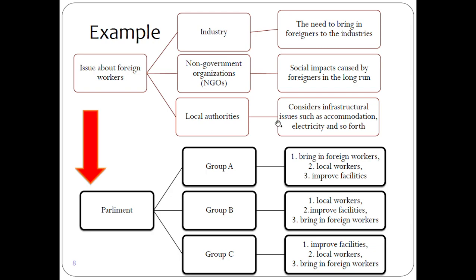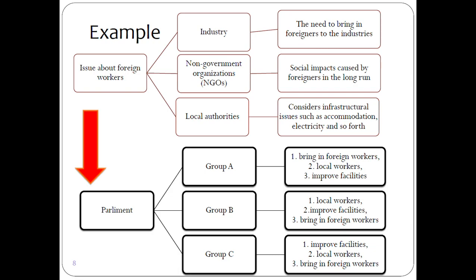Okay, for the local authority, consider infrastructural issue such as accommodation, electricity and so forth. Okay, bila adanya warga asing, pekerja warga asing kan, jadi kita perlulah consider untuk menyediakan dia punya tempat tinggal, makan minum, atau nak menyediakan kemudahan lah untuk mereka.